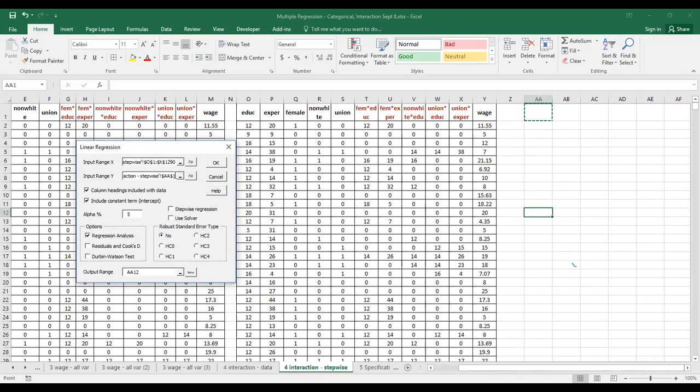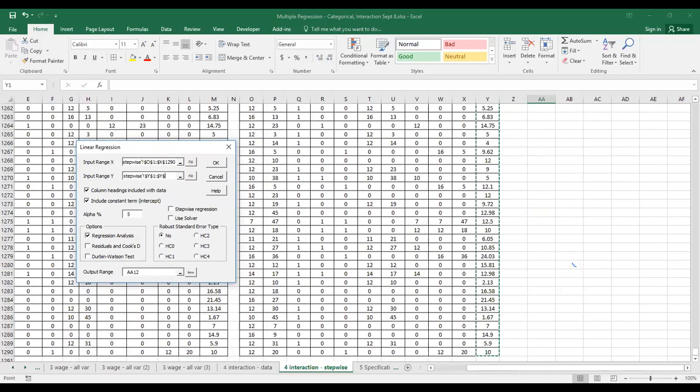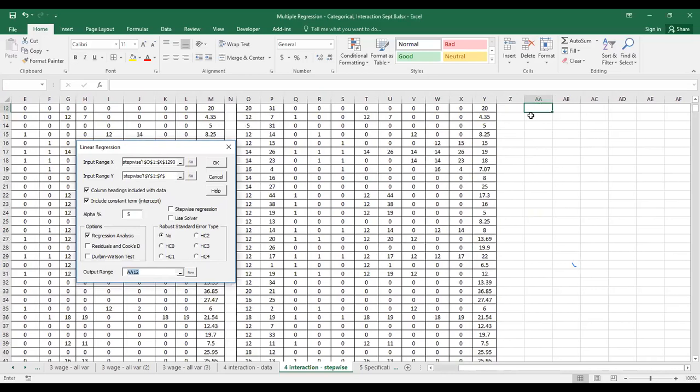Ay, nako, mali. X is ito. Y pala. And then ito guys, yung output, lagay ko dito sa AA1. Okay? Mali si Y daw. Sorry. Wage.